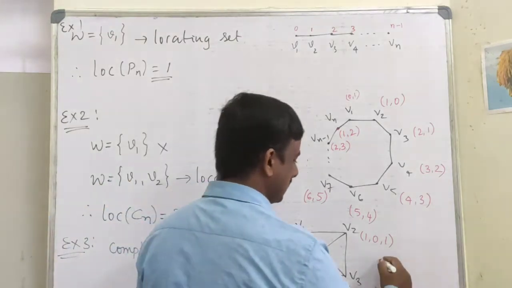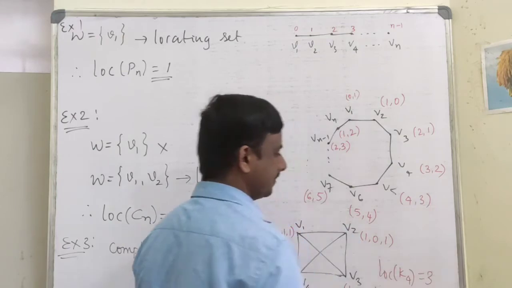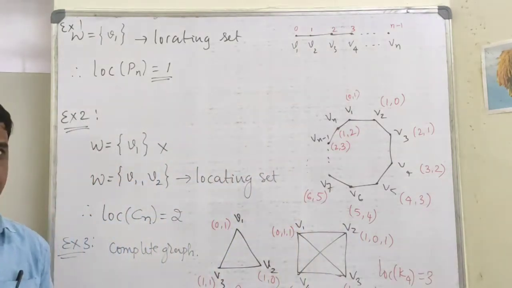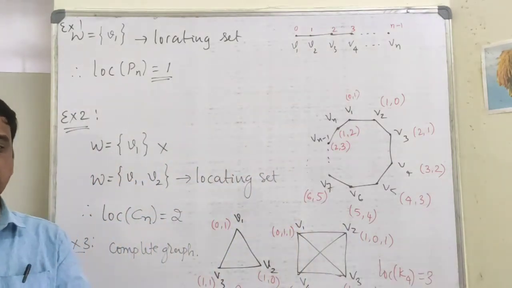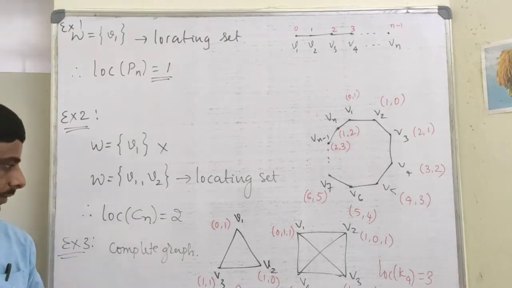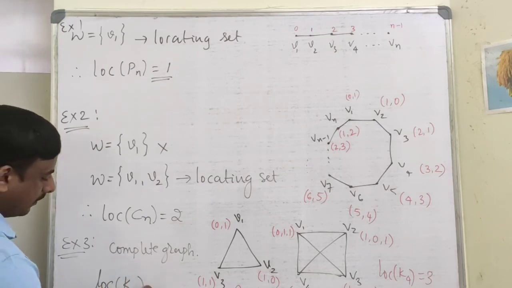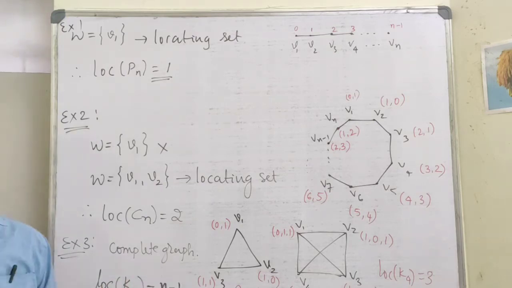So K4 has location number 3. Similarly, if you take K5, you have to take 4 vertices minimum. So the location number of Kn, the complete graph, is n minus 1.